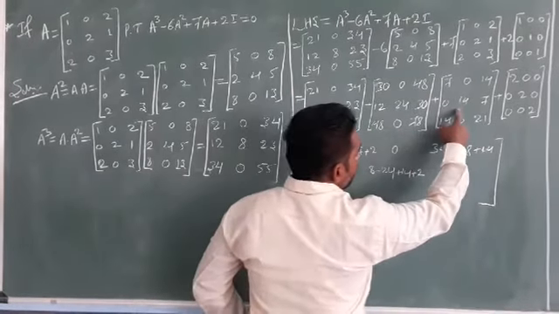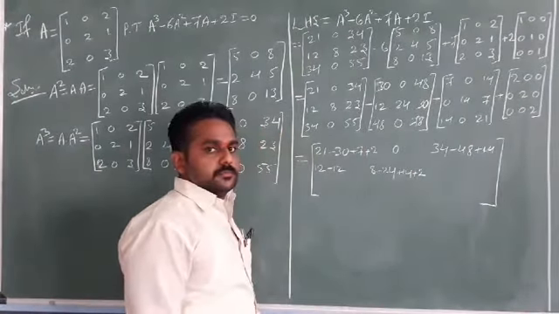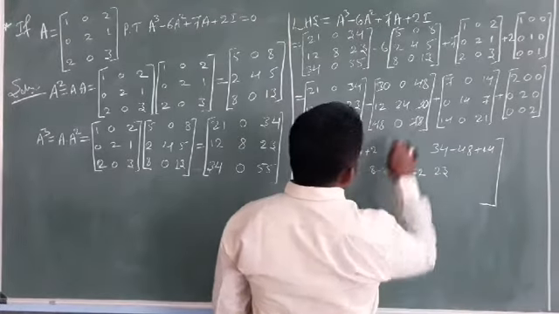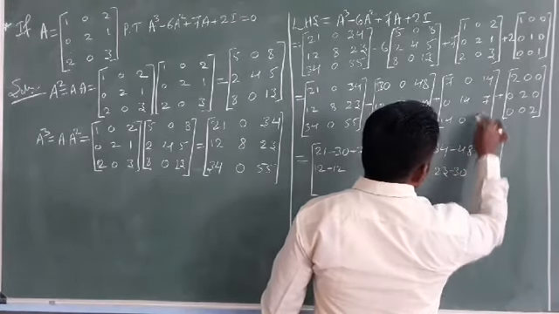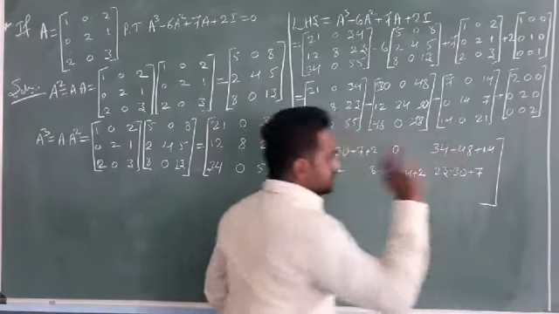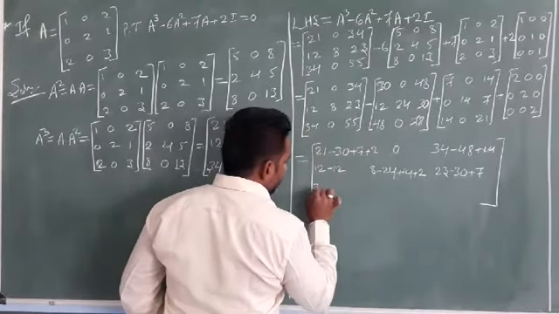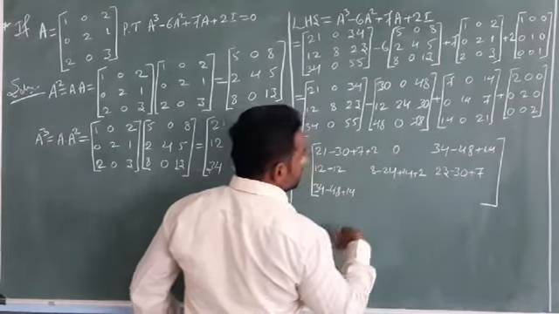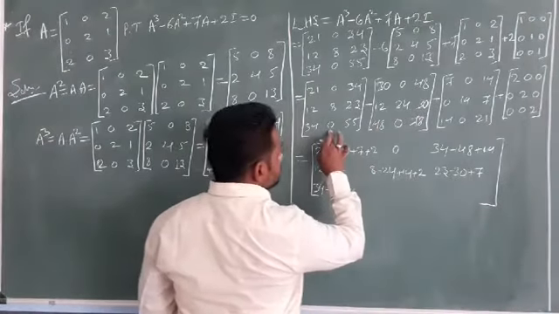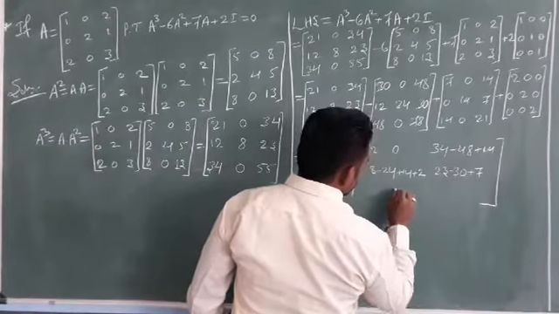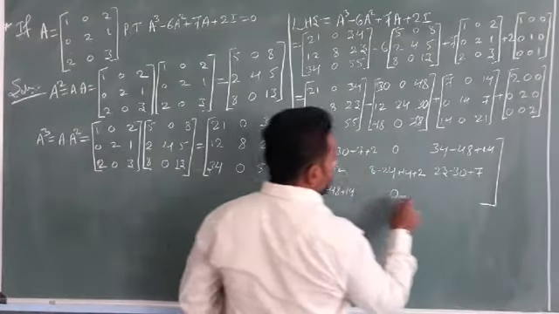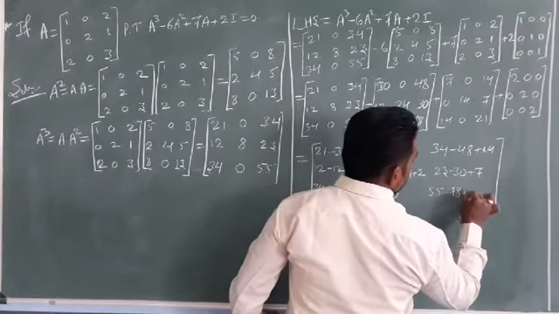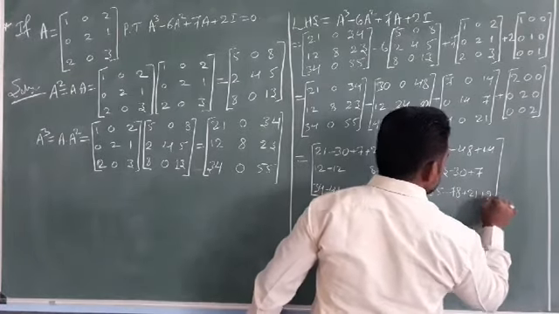Next, 23 minus 30 plus 7 plus 0. Next, 34 minus 48 plus 14 plus 0. Okay. 0 minus 0 plus 0 plus 0, it is 0. 55 minus 78 plus 21 plus 2.